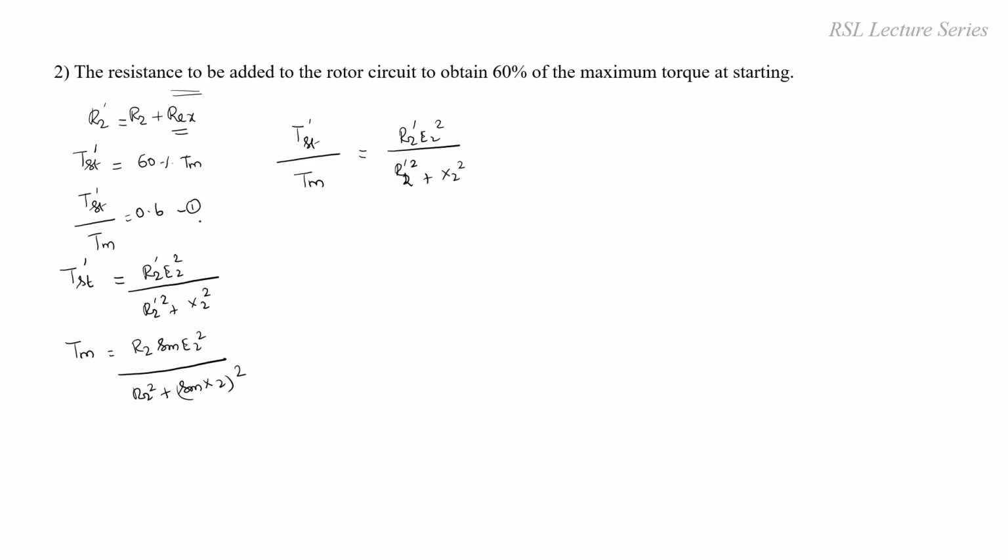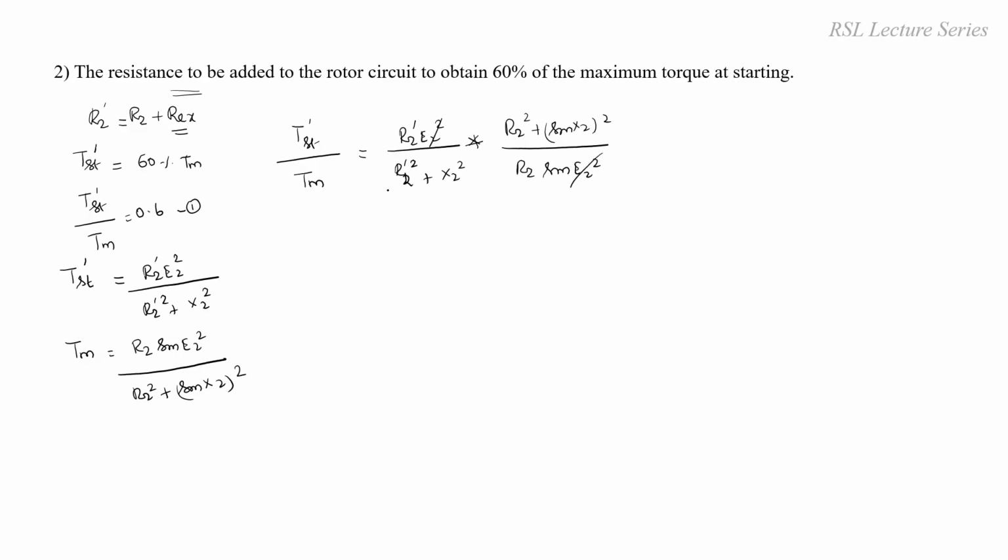So if we want to divide this by TM, we can multiply this whole term with the reciprocal. So multiplying with the reciprocal, we'll get R2 square plus SM into X2 whole square divided by R2 into SM into E2 square. So this E2 square term will get cancelled. So the remaining terms will be R2 dash multiplied by R2 square plus SM X2 whole square.